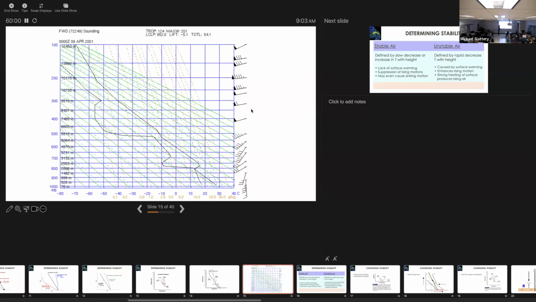The green lines are the dry adiabats. Dry adiabatic lapse rate. Linear, 1 degree per 100 meters, right? So all the green lines are the dry adiabats. Okay. The dashed blue lines, and you can see that they look kind of linear here, and then they start getting this funky curve to them.